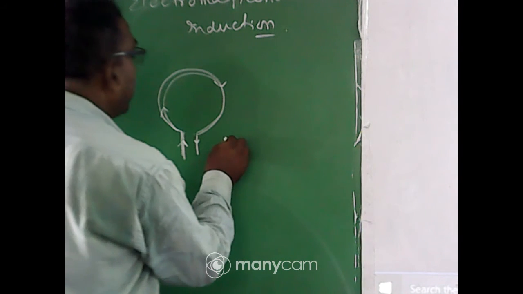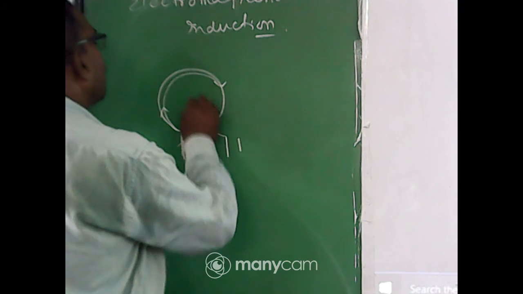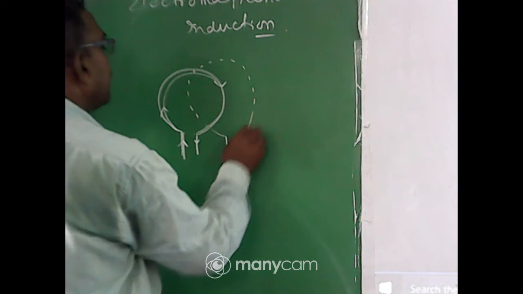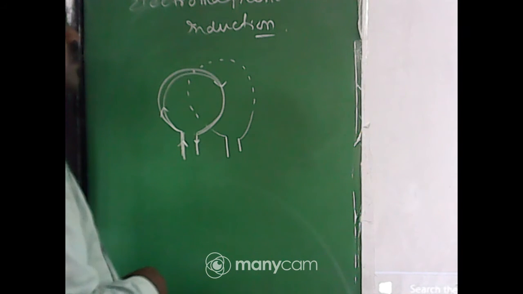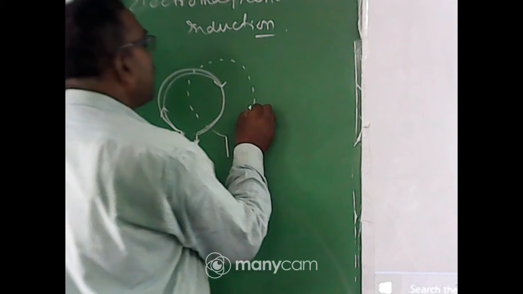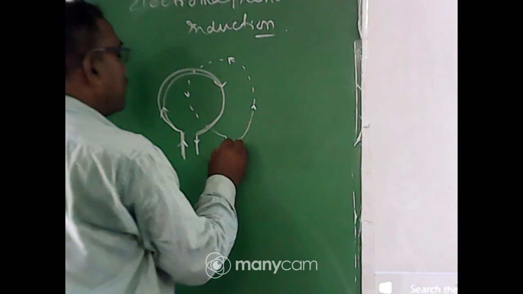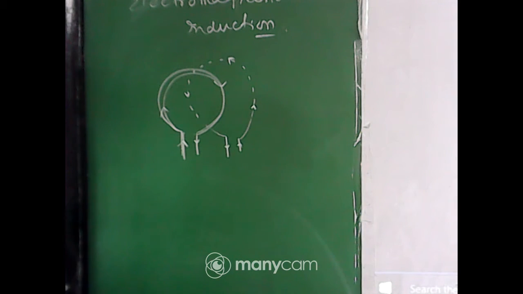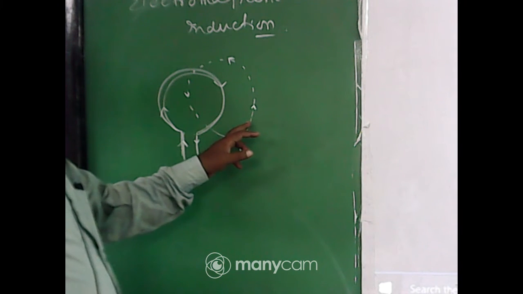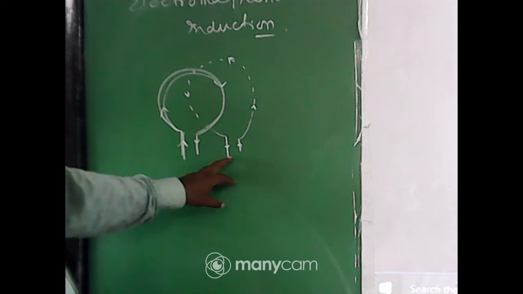If you put a coil just nearer to this coil, you see the current will be induced, current will be created on that coil. The direction is opposite. Okay. Current will be induced on that coil and the direction will be opposite. This is the induced current.